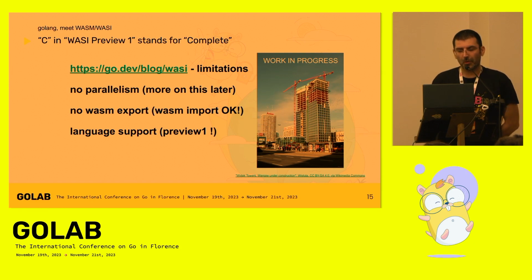The key points are that the Go WebAssembly translation doesn't really support parallelism, and you don't have a way to export functions from WebAssembly to be referenced and called from the Go language runtime. Things are heavily developed, so hopefully those limitations will be obsolete soon, but as of November 2023, this is the landscape we have to deal with.